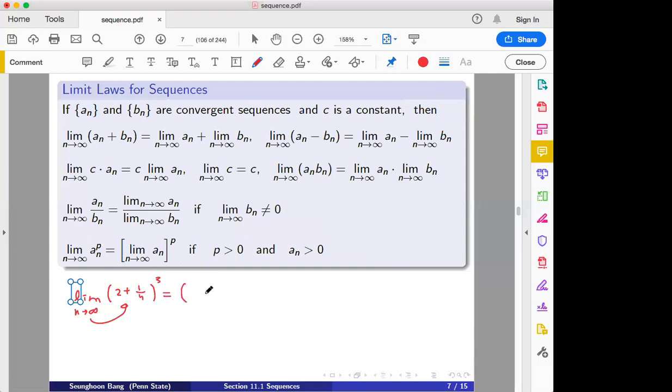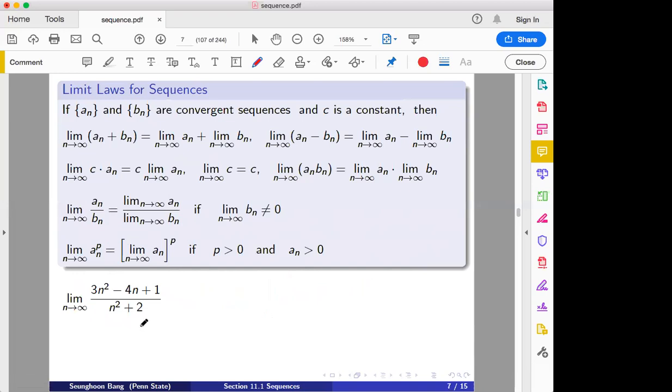So we have one limit inside, n approaching infinity, of 2 plus 1 over n, a whole power 3. You can distribute the limit here. This 1 over n approaches 0, so exactly only 2. 2 cubed is 8. So we have this answer. This is already true.